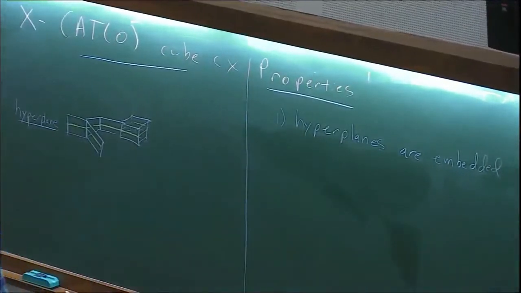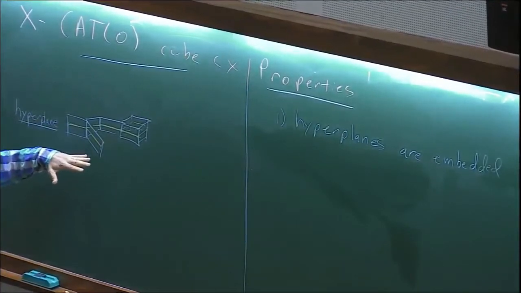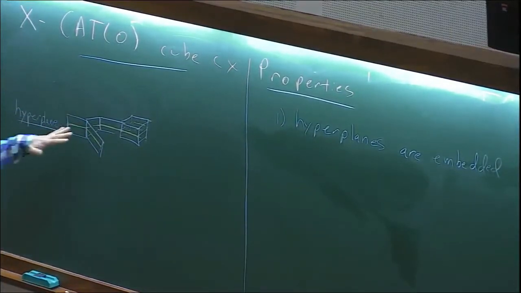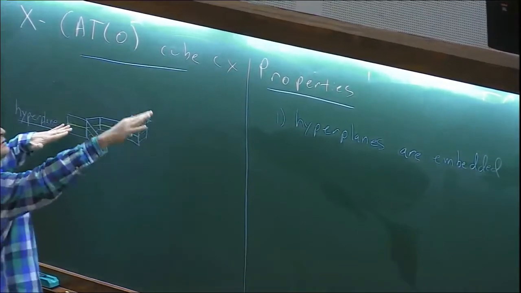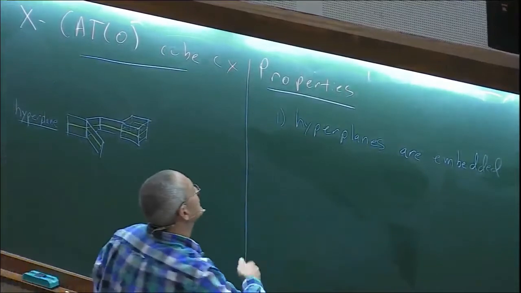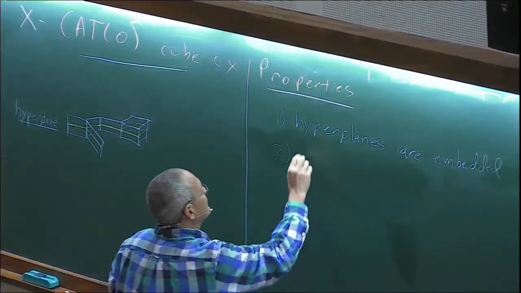So if you think about it, in a non-positively curved cube complex, a hyperplane can come back and cross itself. But in a CAT(0) one, they go off and they never come back around and intersect themselves. So they're nice embedded objects.